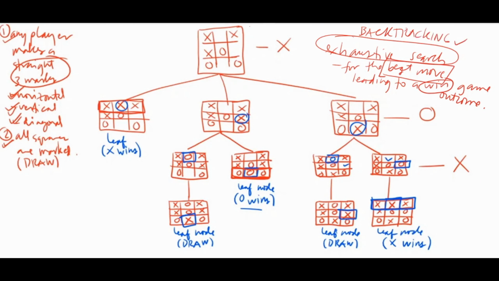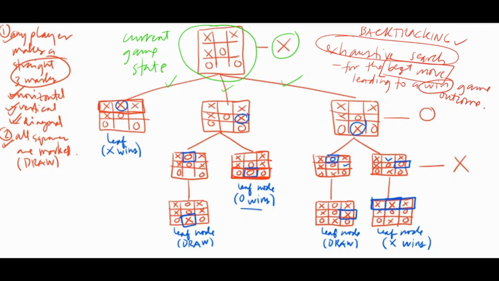So for this particular tic-tac-toe game tree, say we are currently at this game state, and at this game state, it is player X that will make the next move. Now, if you are player X, you have 1, 2, 3 legal moves to choose.